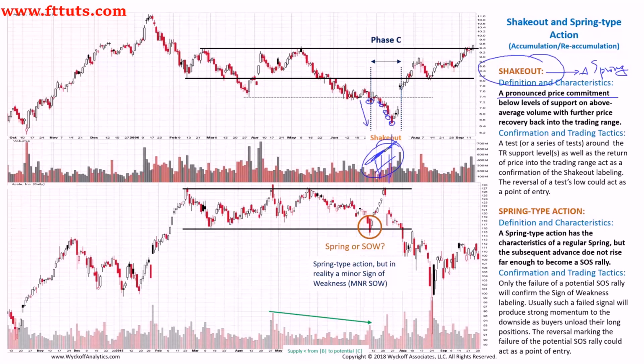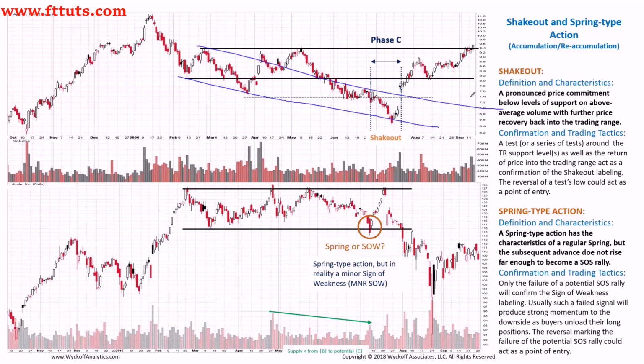The reason the volume signature here is not that significant is that it's actually a downsloping range, and I've used this example in the previous slide. So it acts more as a spring in the downsloping range than a shakeout. But in the horizontal range, you definitely are going to recognize this as a shakeout. And this would be a more conventional way of thinking about this concept and specifically about this trading range formation.